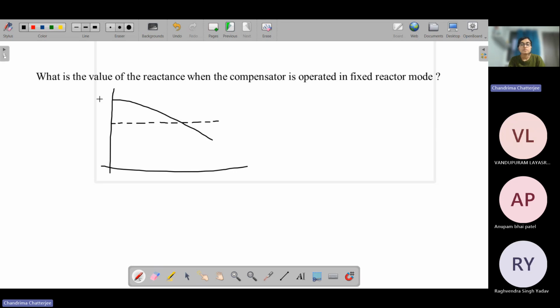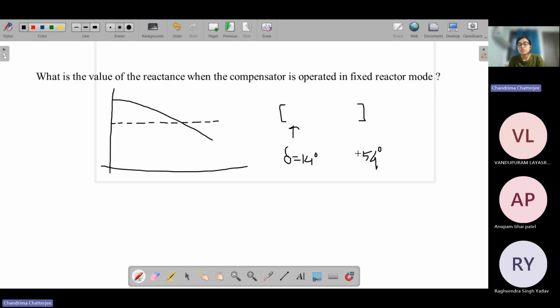Yeah. So basically there will be some practical range of reactive compensation, and that range corresponds to some delta value, as we already found out. So delta equal to 14 degree here, and here it is for 54 degree.